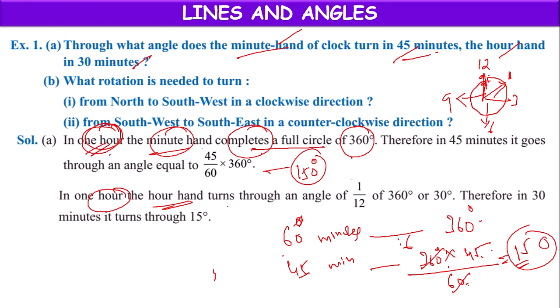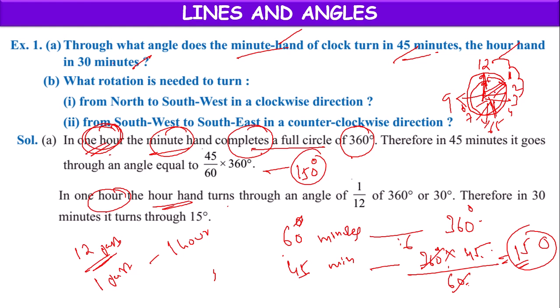The clock is divided, according to hours, into 12 equal parts, such that for 1 hour it comes to 1, next hour 2, next hour 3, like that. Each one part is equal to 1 hour.